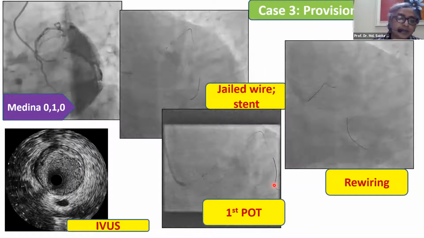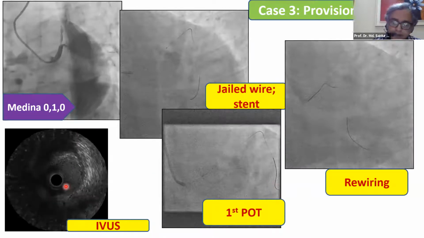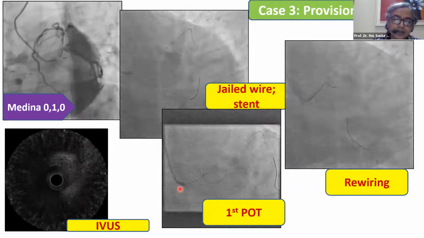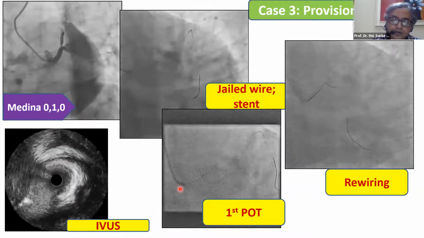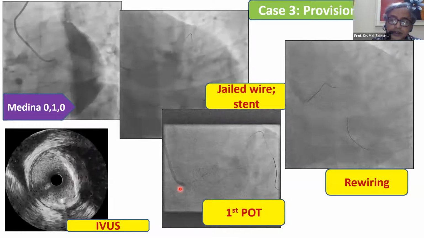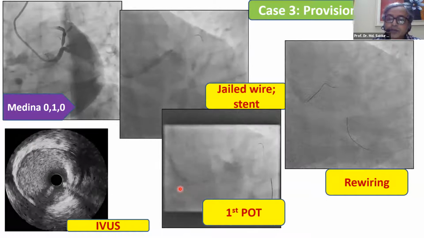But as I told, if it's a Medina 010 left main subset, we have to go for imaging, and IVUS has shown the extension of the disease in the left main. So we have to go for the jailed wire, and then the stenting including the left main across, then POT, and then rewiring again.